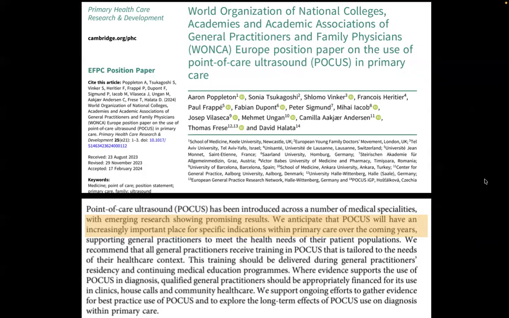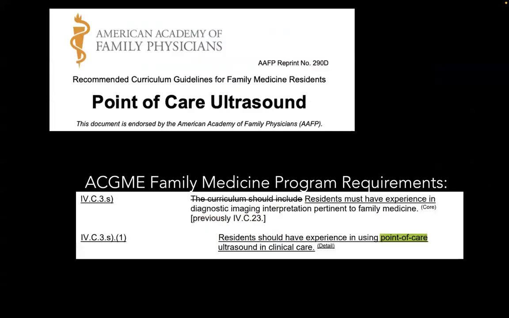This was recently published in 2024, and they talk about how POCUS has been introduced in a number of medical specialties, and they anticipate that POCUS will have an increasingly important place for specific indications within primary care over the coming years. This training ideally should be done during residency and CME programs, and qualified users should be able to use POCUS. And of course, more research should be done on this topic.